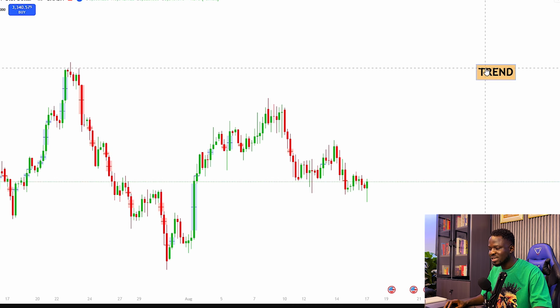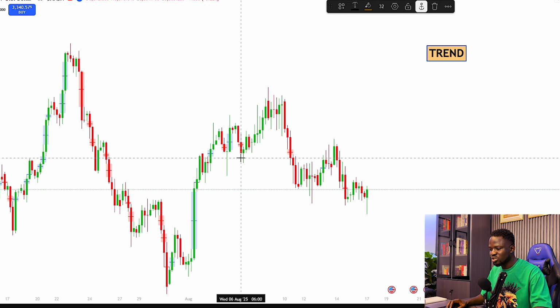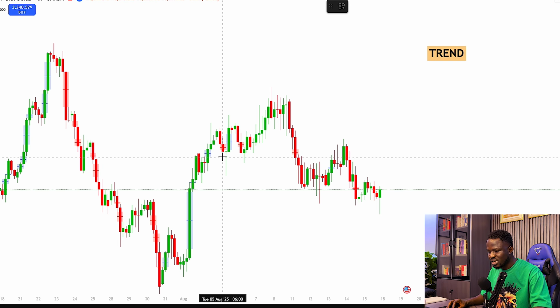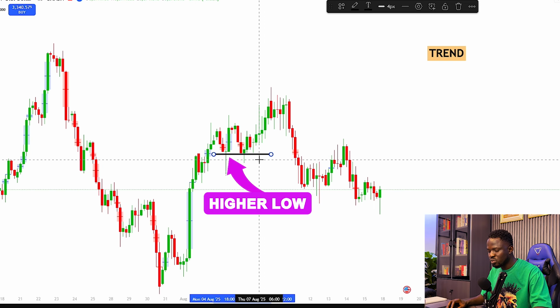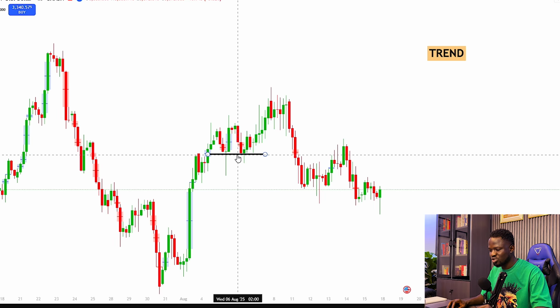Where was the last higher low that the price formed during the bullish trend? This place serves as the last higher low, which is the major swing support zone.